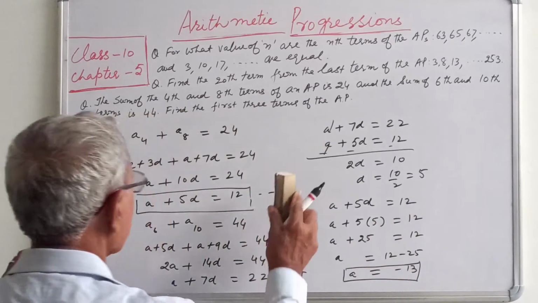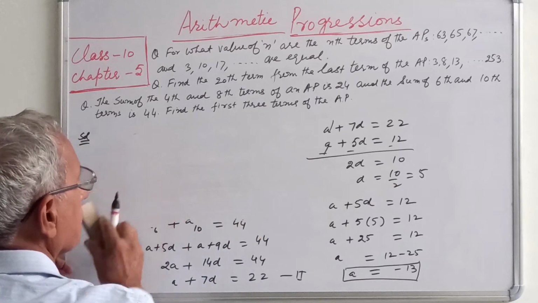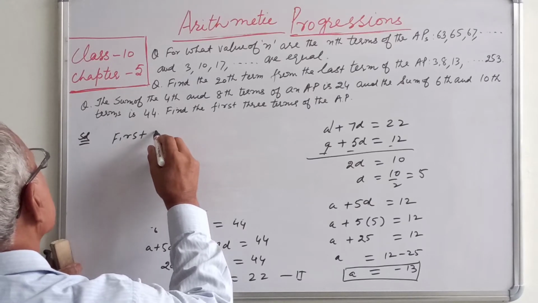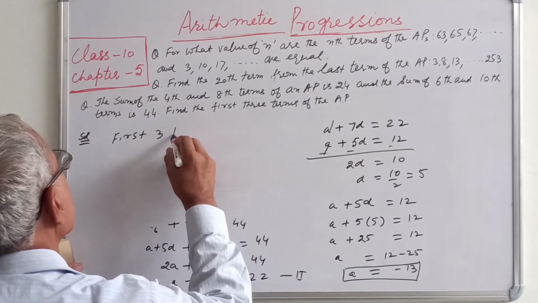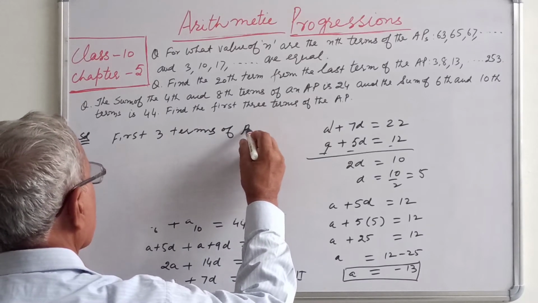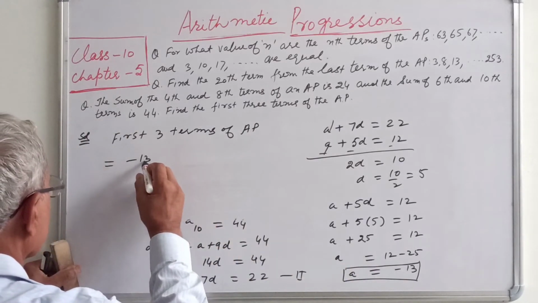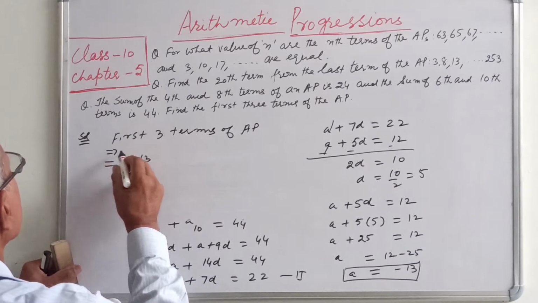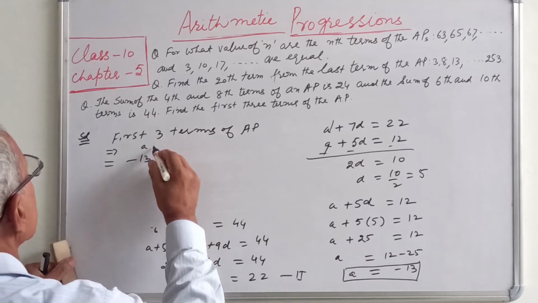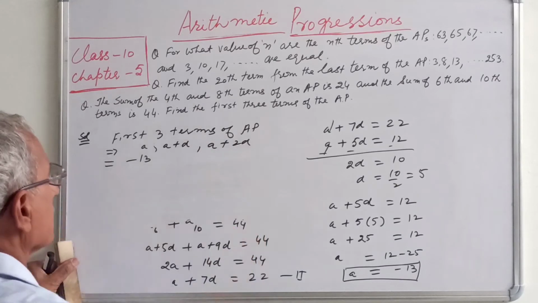So the first 3 terms of the given AP will be, A is minus 13. I am writing symbolically first: A is the first term, then A plus D, A plus 2D. These are the 3 terms.